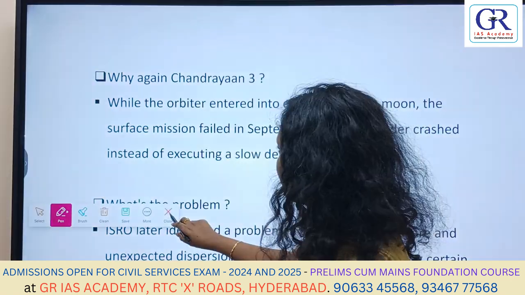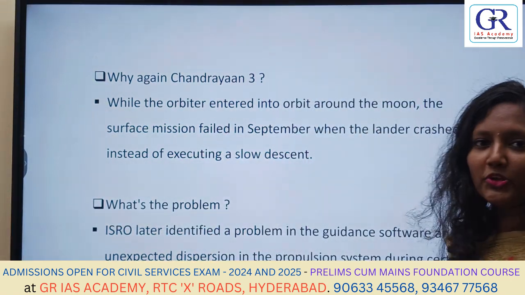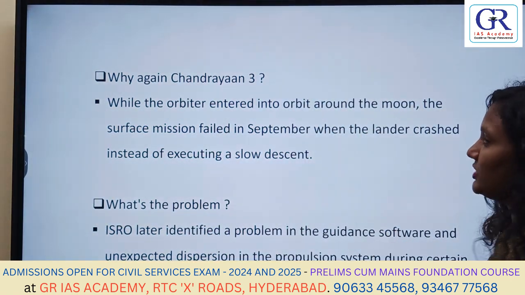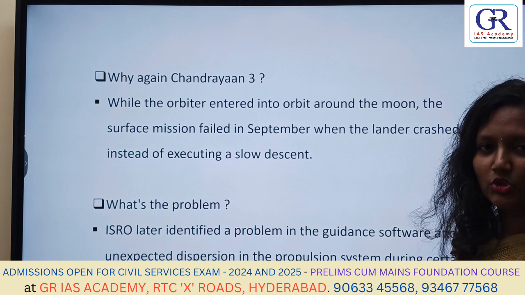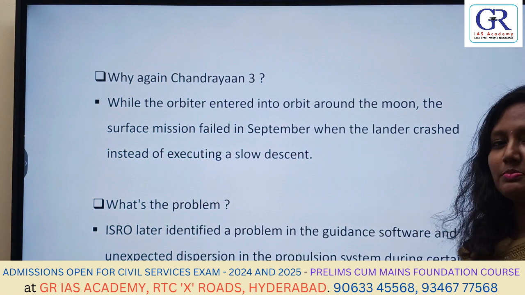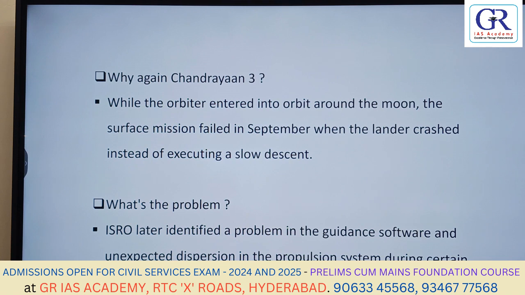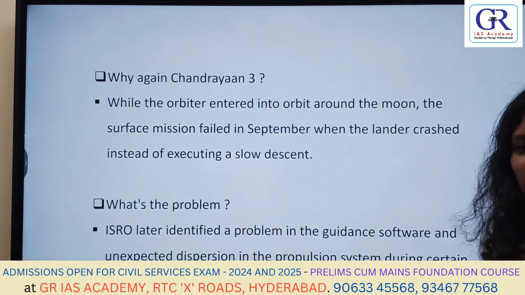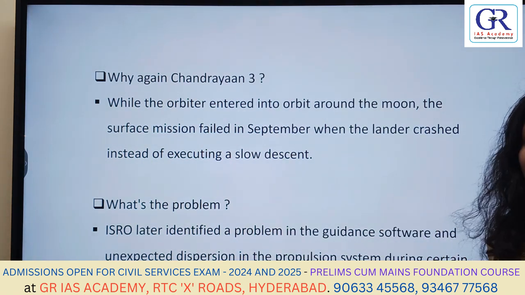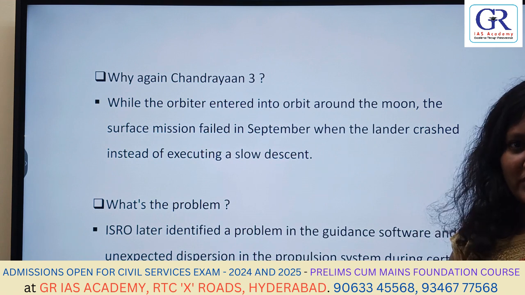Let us see. The orbiter entered into the orbit around the moon, but then the surface mission failed. Why did it fail? Because the lander should have landed properly, but it crashed. As it crashed, the Chandrayaan 2 mission failed.